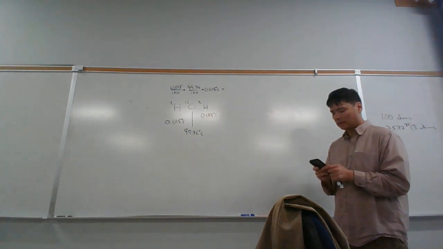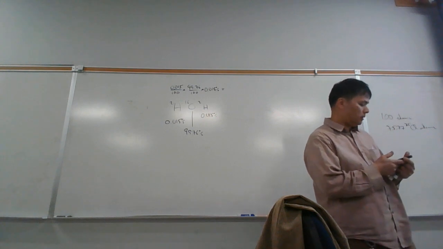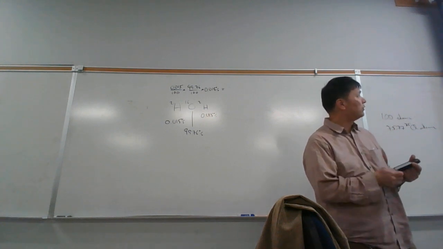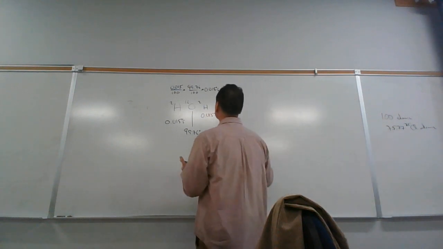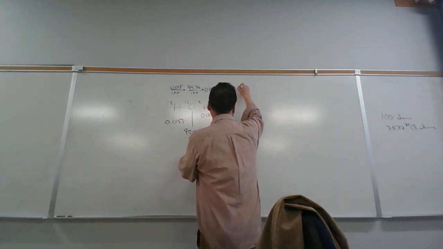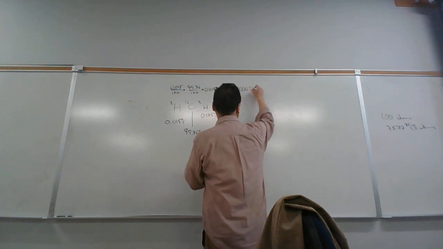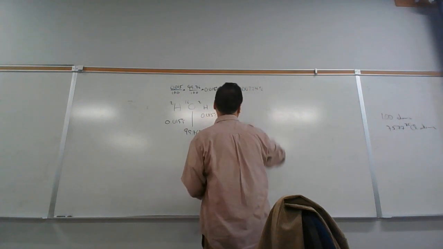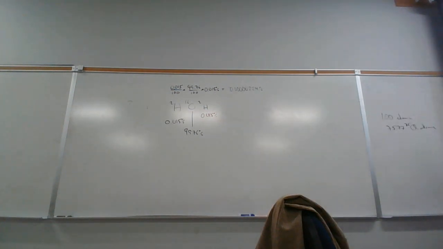Divided by 100. And I get 5 zeros, 224. And so that gives us D. D is the correct answer to that.